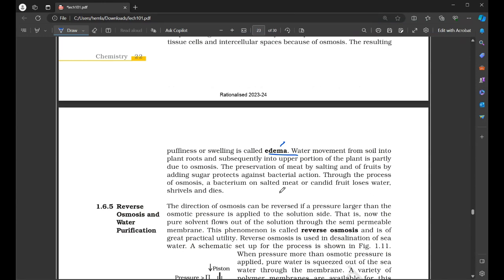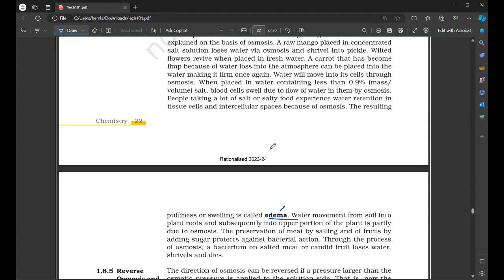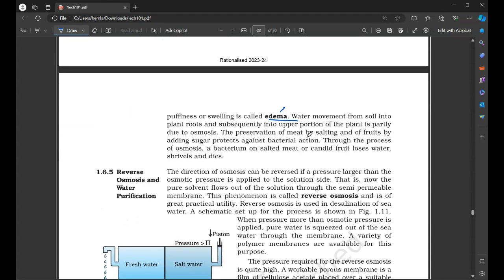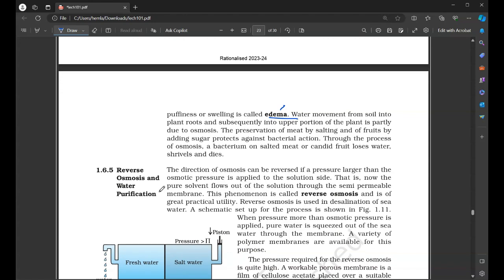This is where osmosis comes into play. So these are the applications. Keep in mind, maybe in a 3 marker they can ask you to write 3 applications of osmotic pressure, osmosis, reverse osmosis, and water purification.